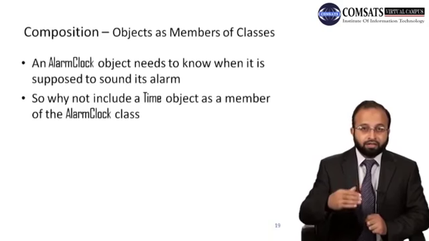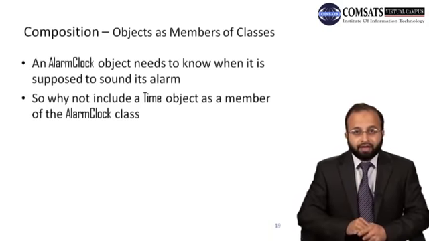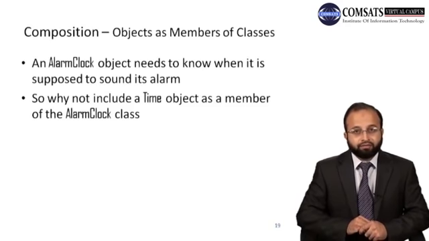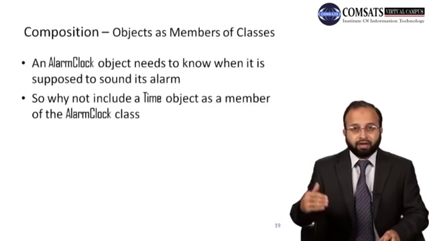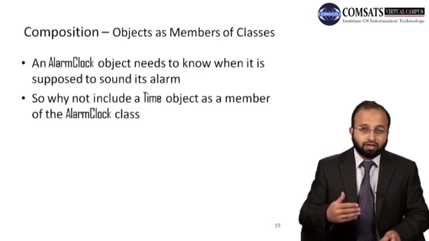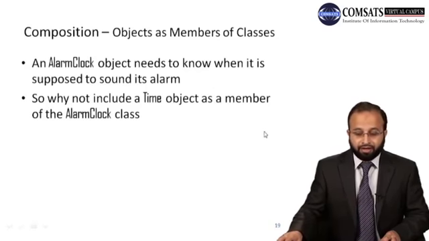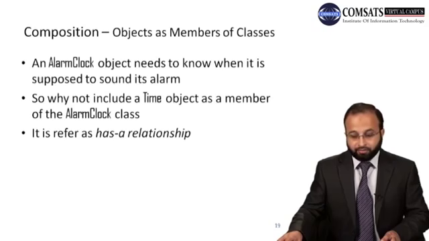So we have a class whose name is alarm clock, and then we can have another object as a data member of that class, and that object is of class time. It stores hours, minutes, and seconds values. So it needs to know the time, that when to start ringing the alarm. So this is referred to as a has-a relationship. An alarm clock class has an object of time class.